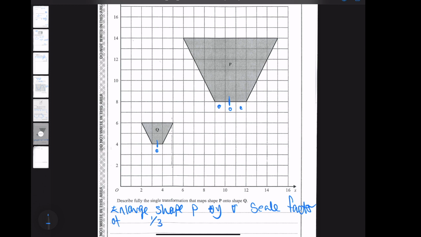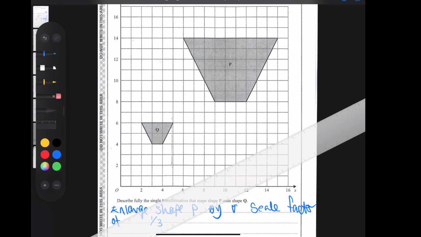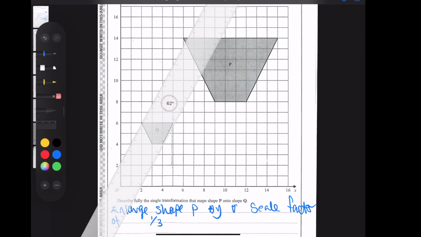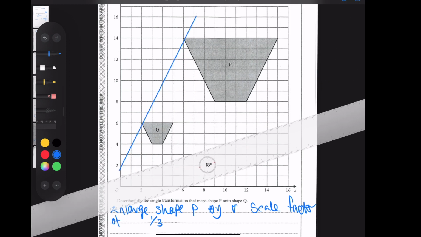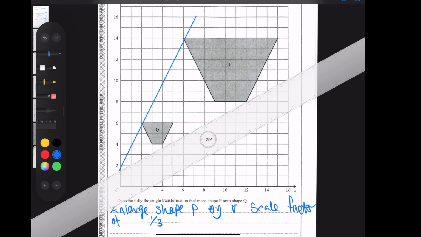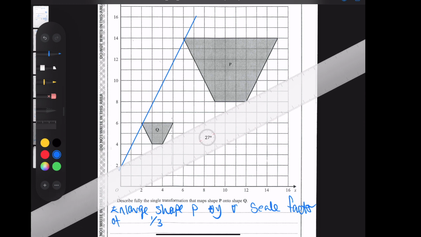I've got to know where it's getting enlarged from, because it's changed direction. So the way to do this is you've got to get your ruler out and connect 2 corners together. So if you go for this top corner here, and then draw a straight line, and then you take another corner, and you connect it with a ruler, and you join them up together with a straight line.